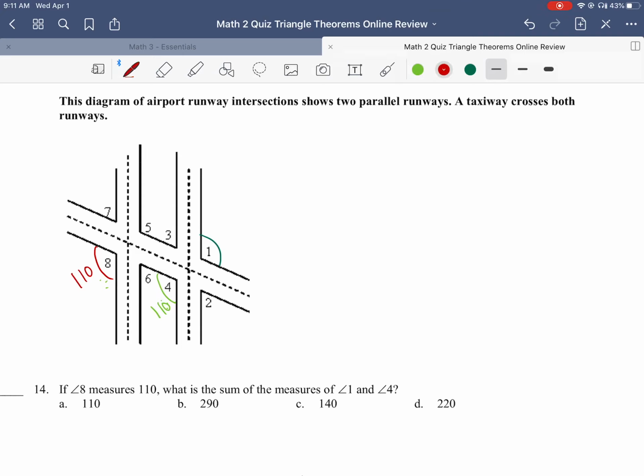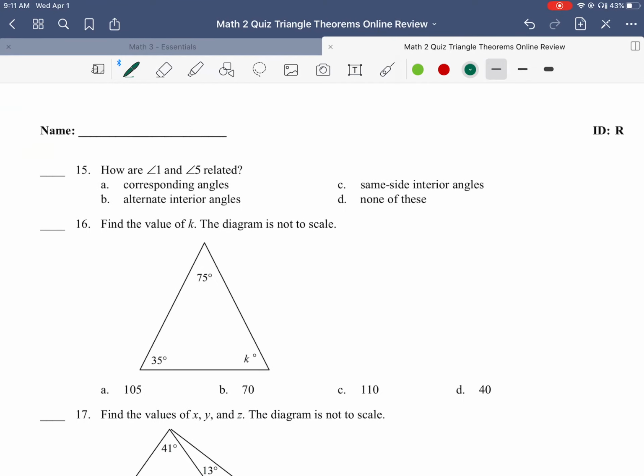Notice that 1 and 4 are vertical angles, so they are also congruent. The question, you got to be careful of what they ask for, says what is the sum of the measures of those two angles? So if I add 110 plus 110, I get 220. Be careful answering that question.